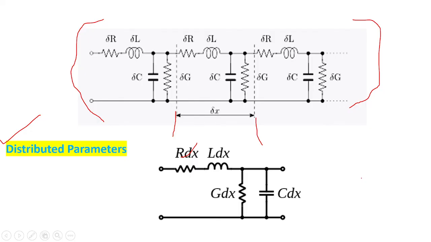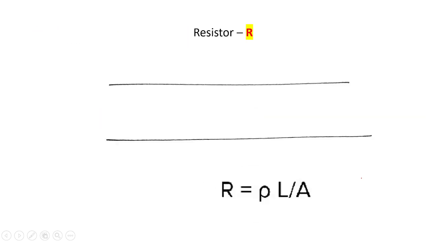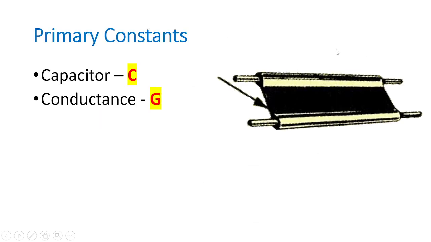So for this lecture, the primary constants are the four RLCG. They occur when you apply a signal, because physically if you see a cable, you will not see anything over here. They are all hidden inside it. When we apply a signal, all these four parameters come into the account, and for analysis purposes also we will consider these primary constants. The upcoming lecture will discuss secondary constants and their derivations. Thank you.